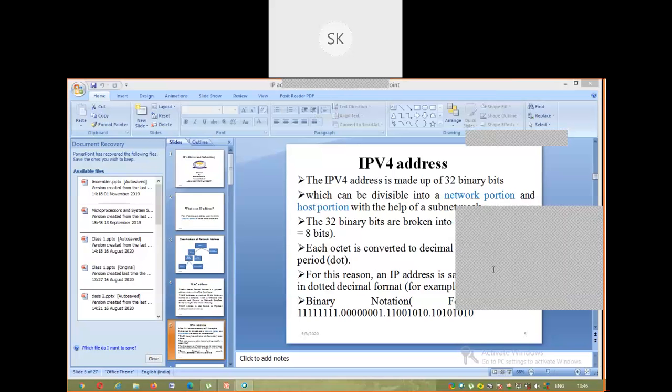Now my question is, how many of you know both the number systems, decimal and binary? Can you tell me what is the binary value of 5? All of you write the binary value of 5. The number 5, how can you represent it in binary?